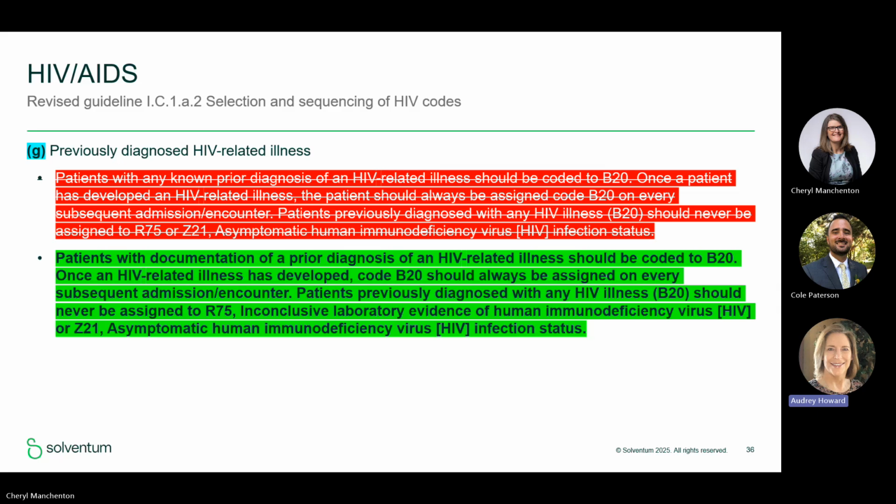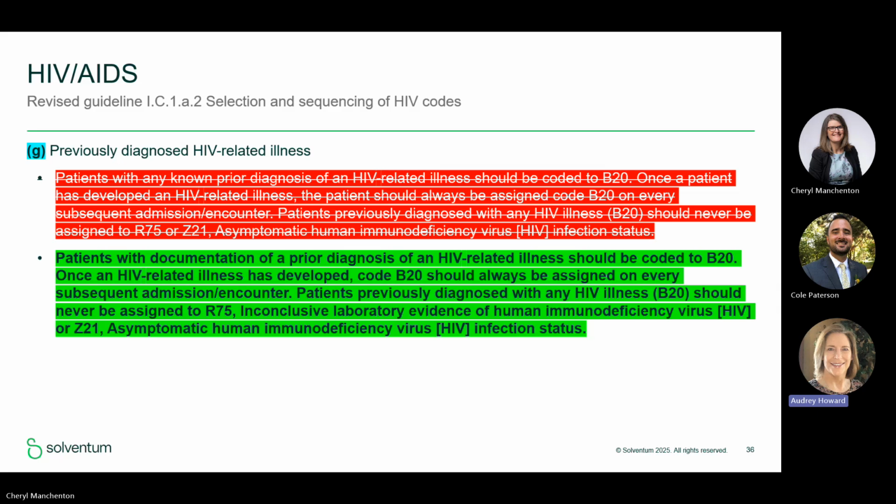Essentially, code B20 is assigned for patients with documentation of a prior diagnosis of an HIV-related illness. It states, once an HIV-related illness has developed, code B20 should always be assigned on every subsequent admission or encounter. Please note, though, that the code assignment is based on documentation from each individual encounter. Notice that the guideline includes documentation of a prior diagnosis.